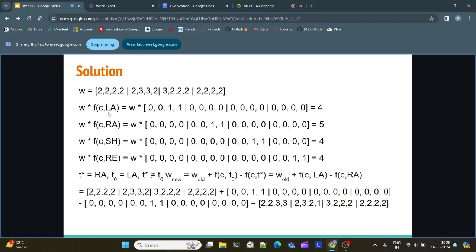Here we multiply the weight with each of the feature vectors that we obtain for each of the transitions. What values do we get? We get this set of values: 4, 5, 4, 4. Here again we see that the classifier is predicting RA to be the optimal transition at this current configuration. However, the transition predicted by the oracle would be a left arc.